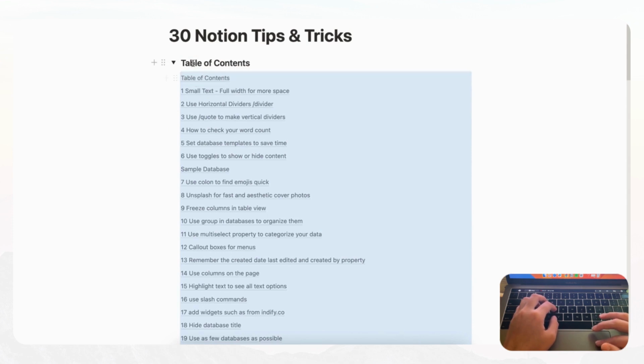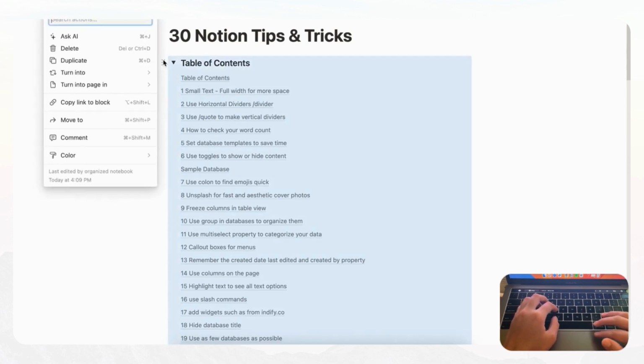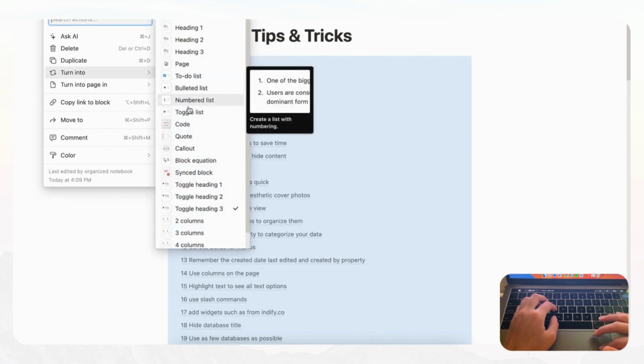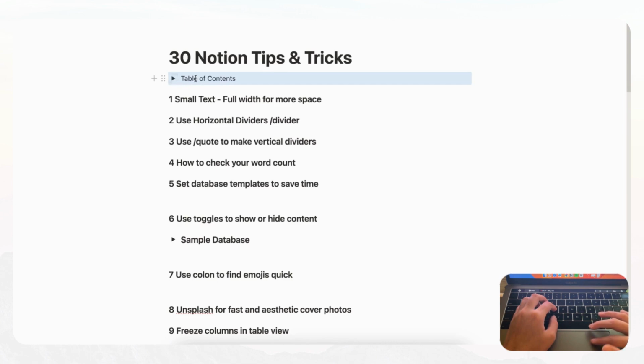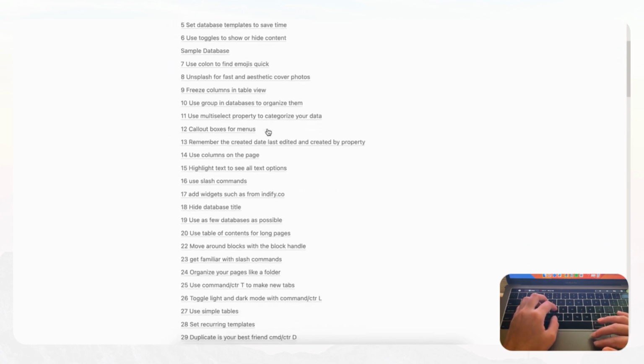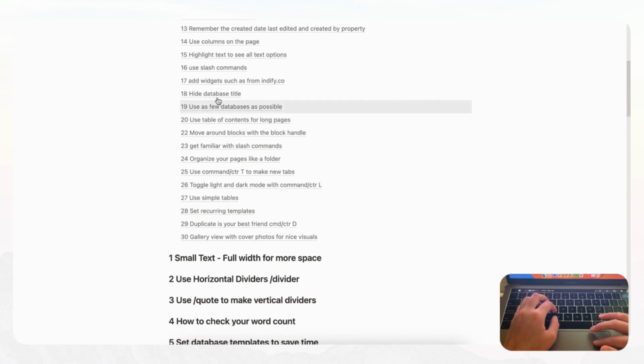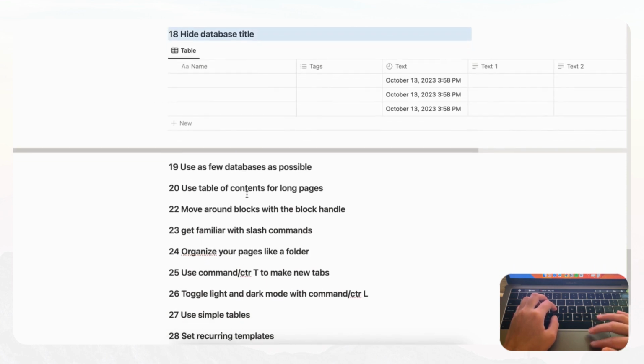And actually, because this is a heading, it's going to show up already also in the table of contents. So you might want to actually change this into a normal toggle. And then it's going to be like this. And it's hidden here. So table of contents can be useful, especially for really long pages, like this one, for example.